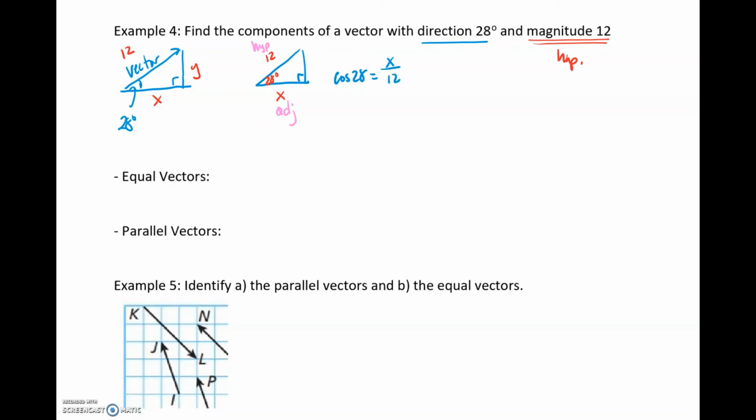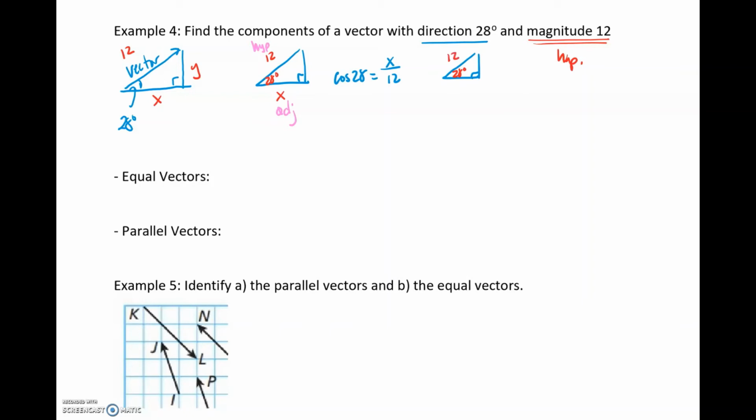So similarly, we can go ahead and use a separate triangle, or just label your original triangle with the y now, and think about what we're going to use for y: sine, cosine, or tangent. So again, if this is 28 degrees, and this is a right triangle, otherwise we can't use SOHCAHTOA as it is.